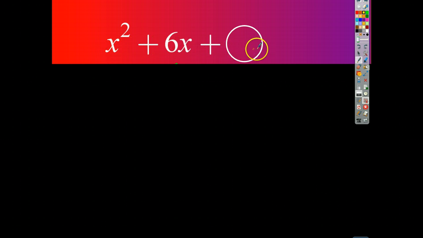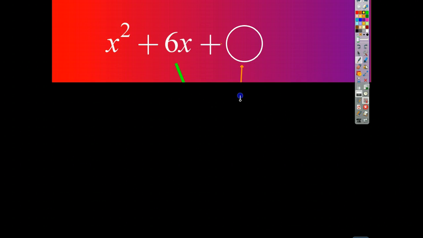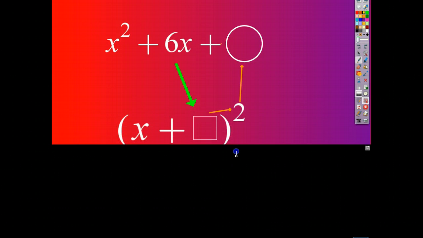I'm going to fill in the value here. What that means is I'm really looking for some way of writing this as x plus some number, squared.